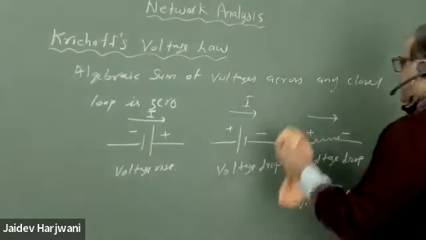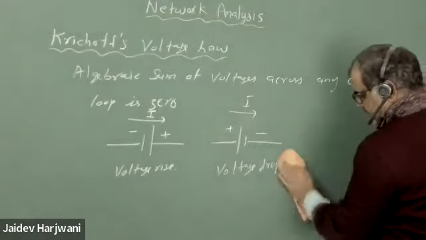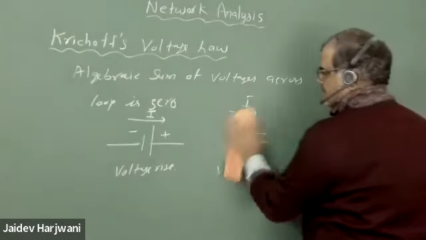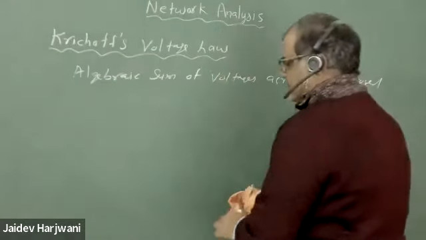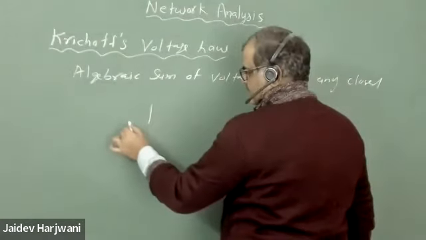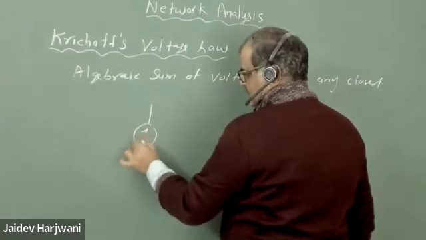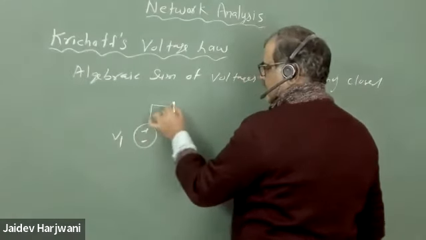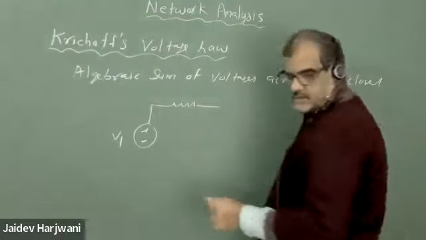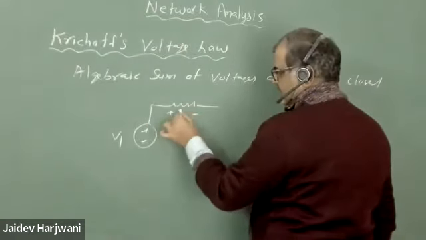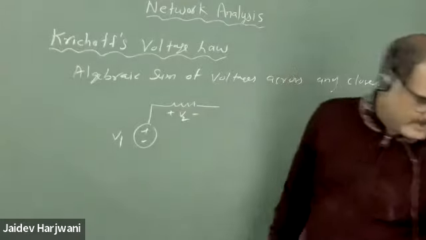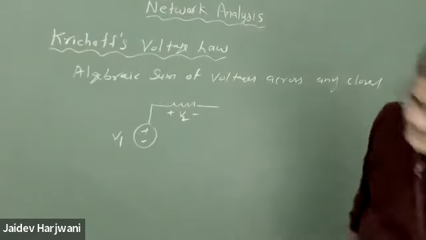Now suppose I have a circuit. Say I have one source, this is V1, and one more element where the voltage drop is V2.